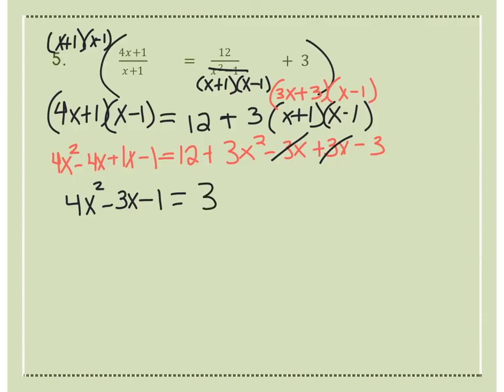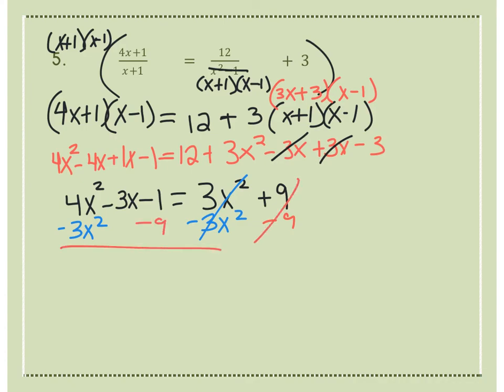So I have 3x squared plus 9. Now move everything to one side. Okay, so I can cross that out here. Subtract the 9, subtract the 9. So I can cross it out right here. I'm left with x squared minus 3x minus 10 equals 0.